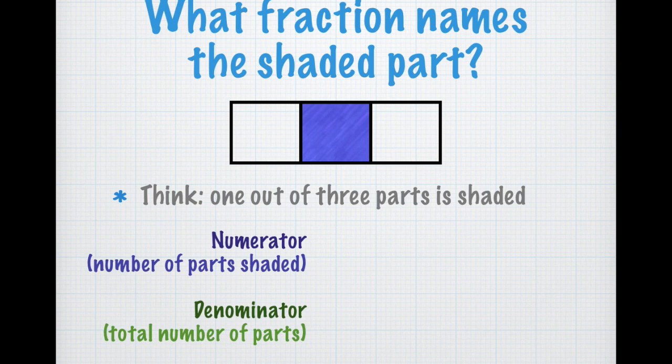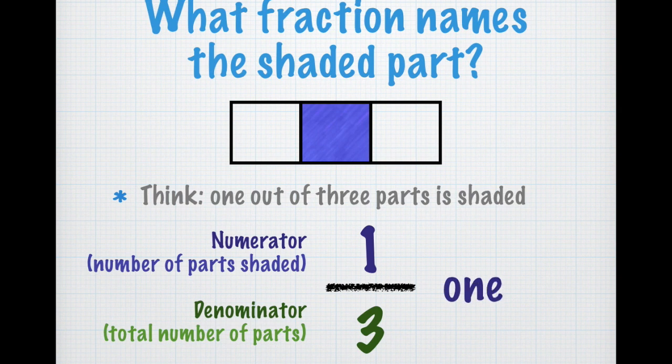So my numerator, my top number, is 1. And my denominator, my total number of parts, count them up, 3. So 1 out of 3 parts are shaded, or 1/3.